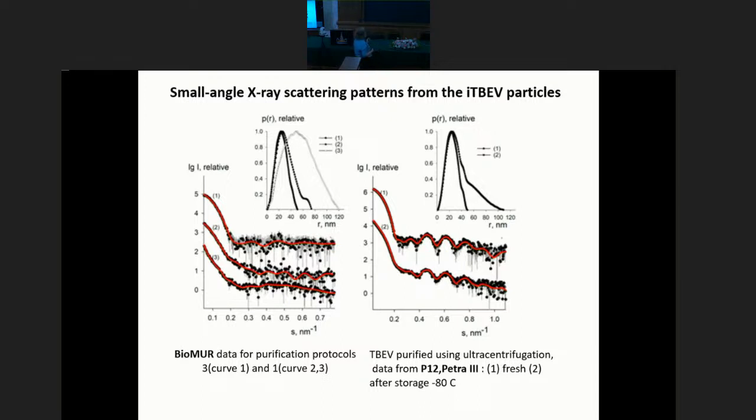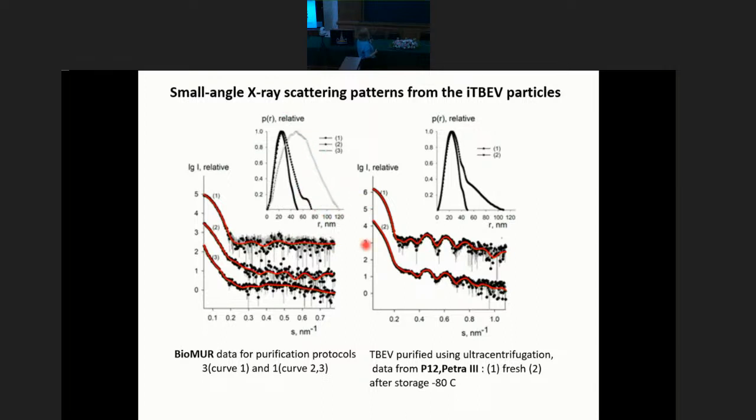We can also see that protocol 3 produced the nicer sample. We have this narrow peak corresponding to particles of 25 nanometers radius. For protocol 1, it's not so good.